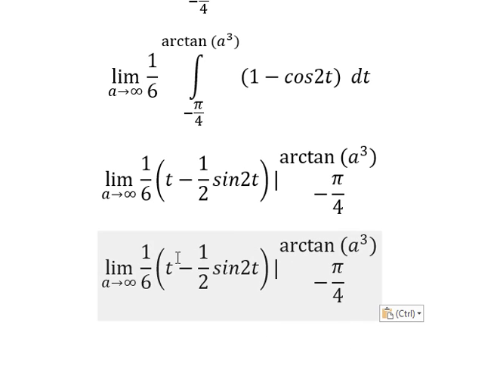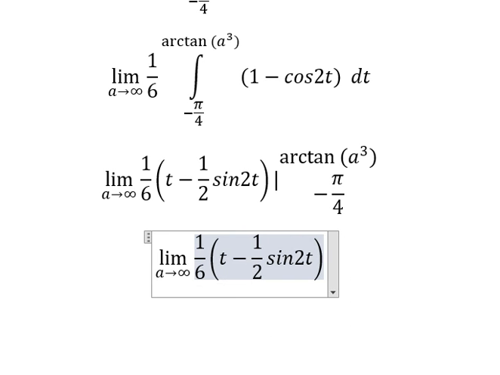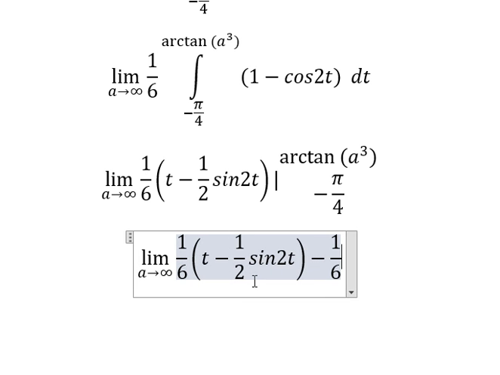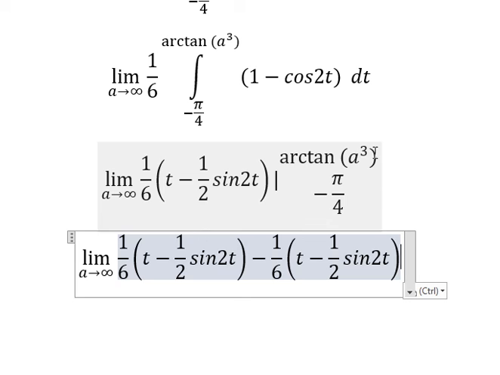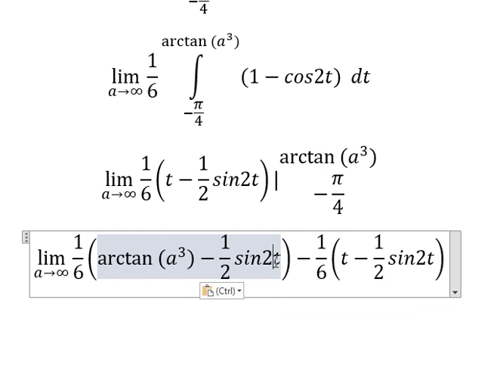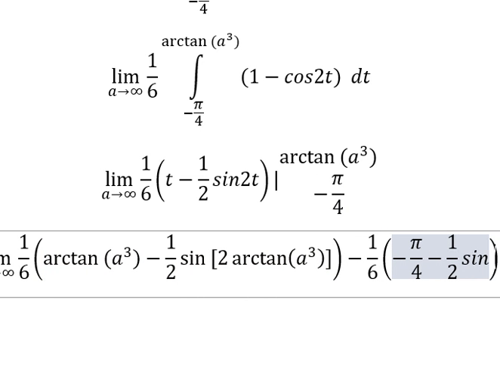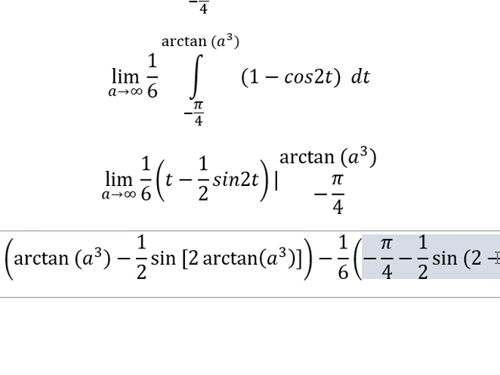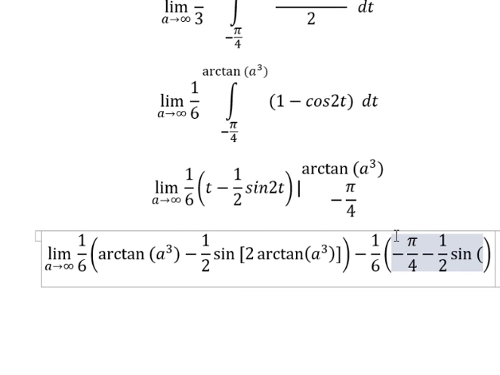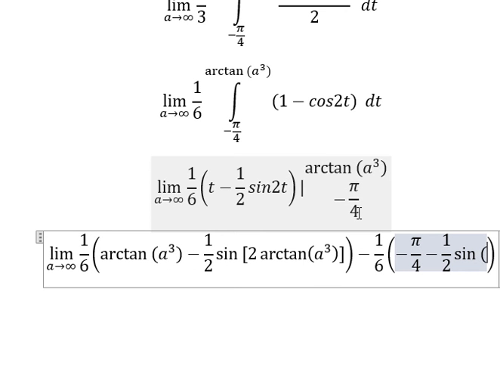So I will put this one here and negative pi over 4 here. So number 2 and negative pi over 4, we have negative pi over 2.